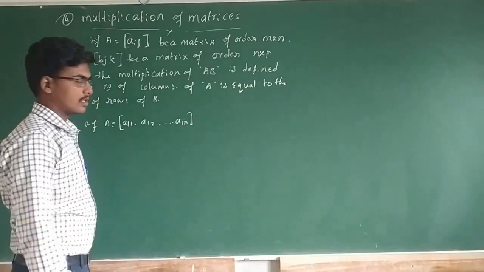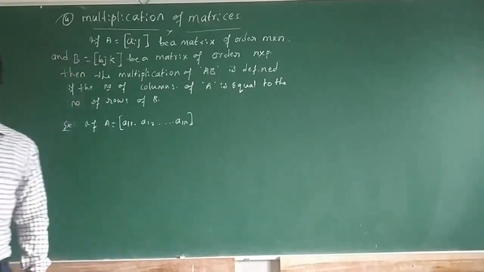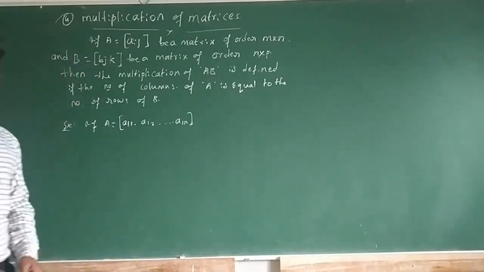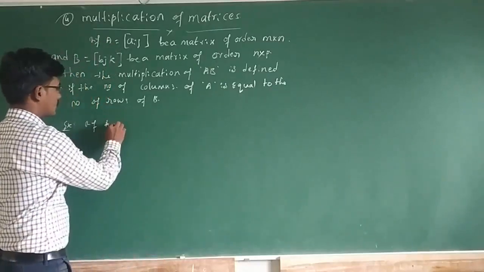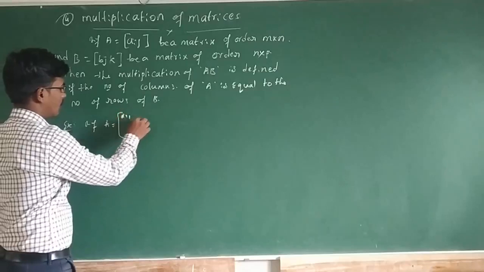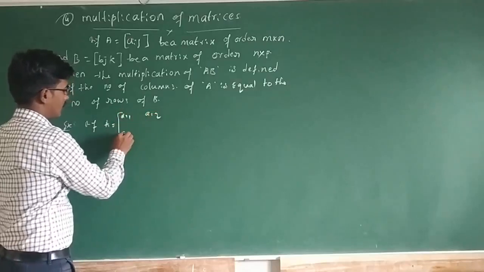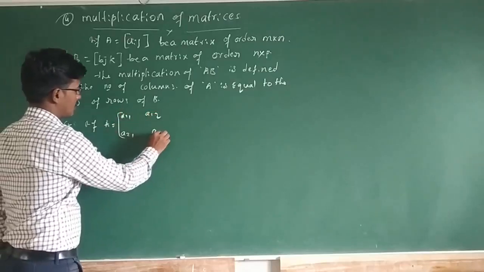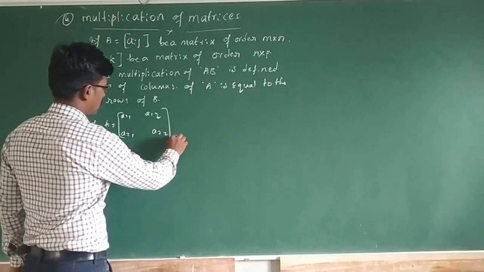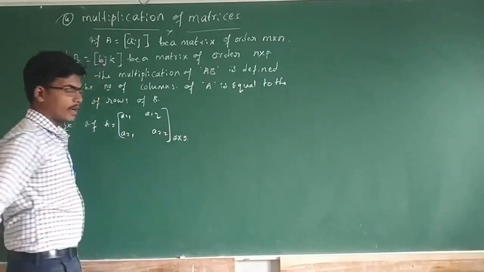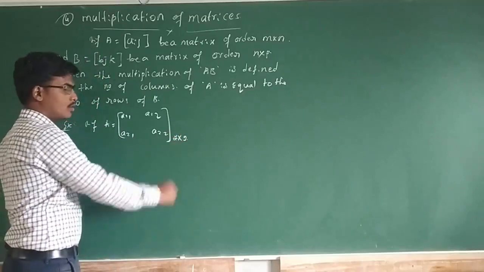In general, we take another example. If A is equal to A11, A12, A21, A22, here what is the order of this matrix? It is 2 by 2, two rows and two columns.